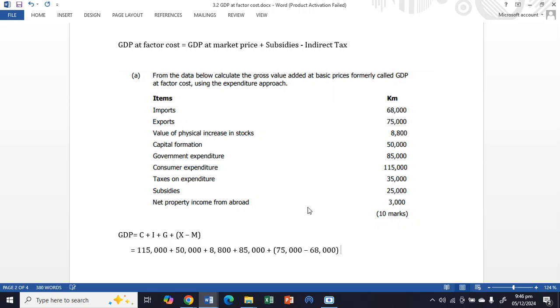So this will give us the GDP with the expenditure approach. 115,000 plus 50,000 plus 8,800 plus 85,000 plus, we do 75,000 minus 68,000.